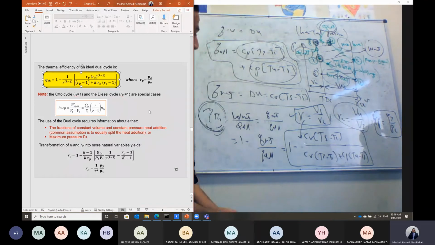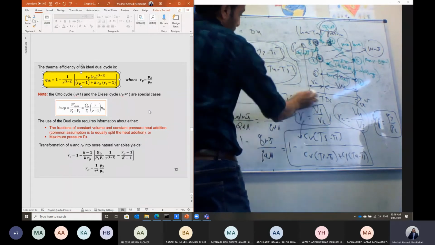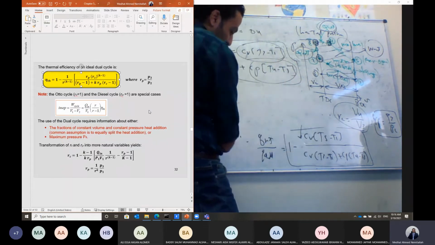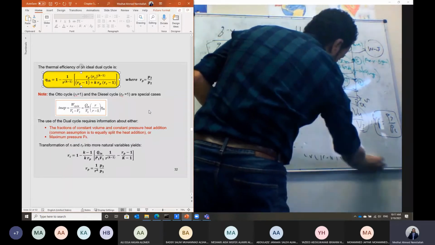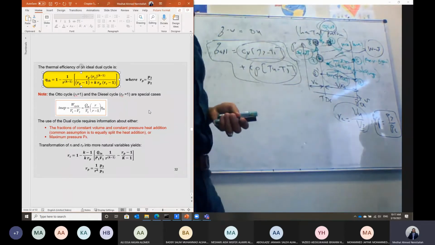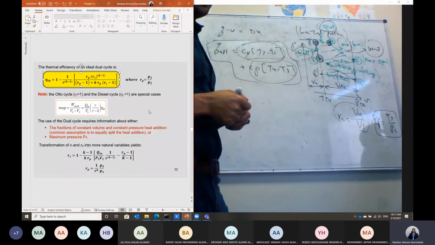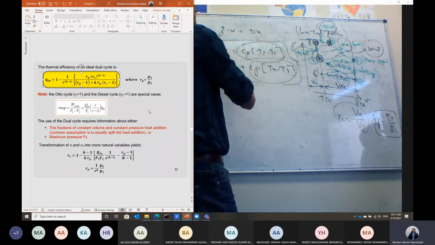Also, we can just take this term, the definition of the heat added. That will be also another assignment, and then you can get the cutoff ratio as function of the pressure ratio and also function of the compression ratio R. If we define this as Q added, let's consider the total value.